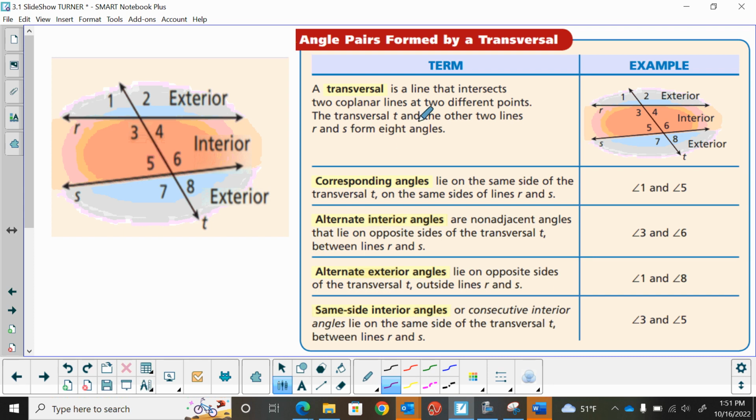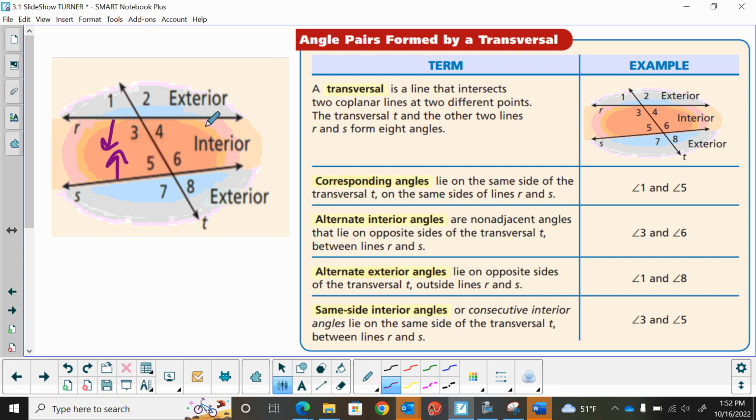So then therefore, since you have 2 intersections, you create 8 different angles. 4 of those angles are in the interior, 4 on the exterior. So you can see the colors there. The interior are angles 3, 4, 5, and 6. So the way I like to think of it is, if you were to squish together lines R and S, everything kind of in between there is the interior, okay?